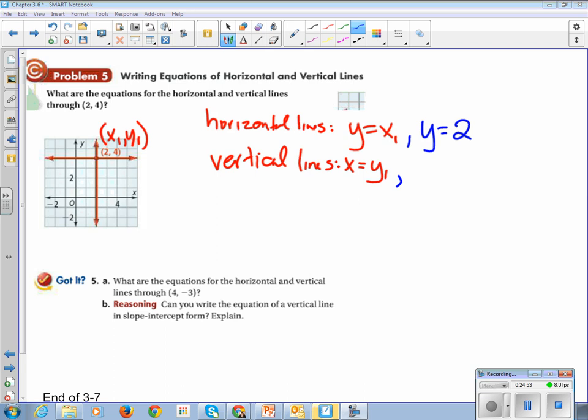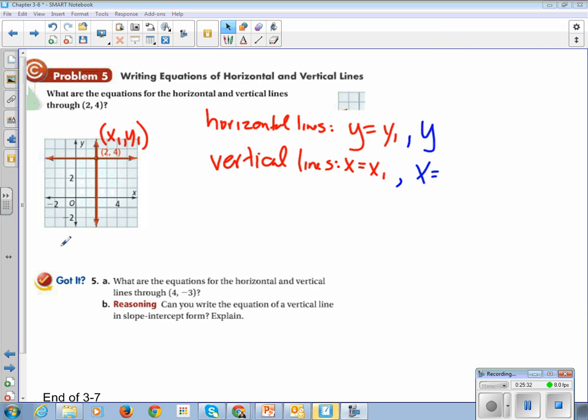The vertical line that goes through 2, 4 is x. It's opposite. Sorry. I take it back. Get your erasers out. It's opposite. Get your erasers out. It's even easier because it's opposite. Y equals y1 and x equals x1.